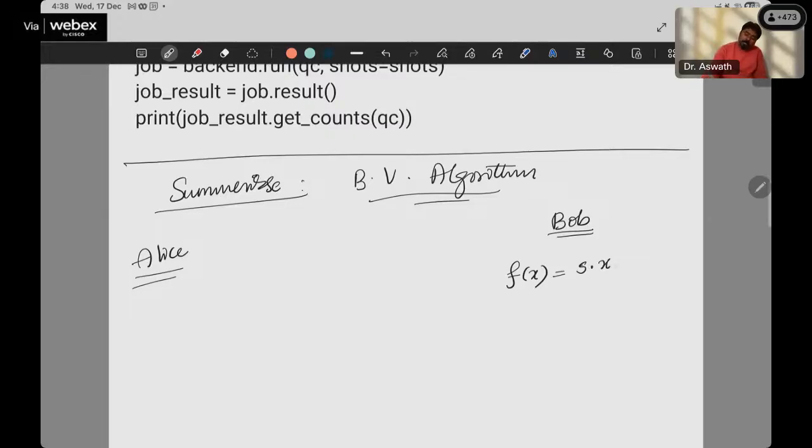The value of s dot x is represented modulo 2, which would be either 0 or 1. That is the kind of function he is using.